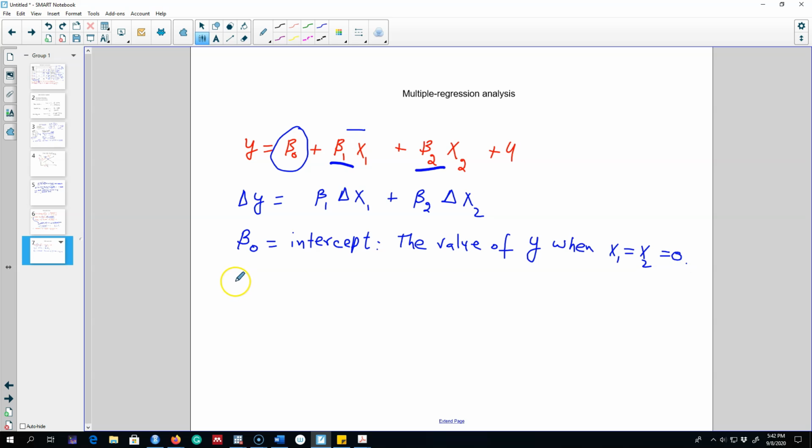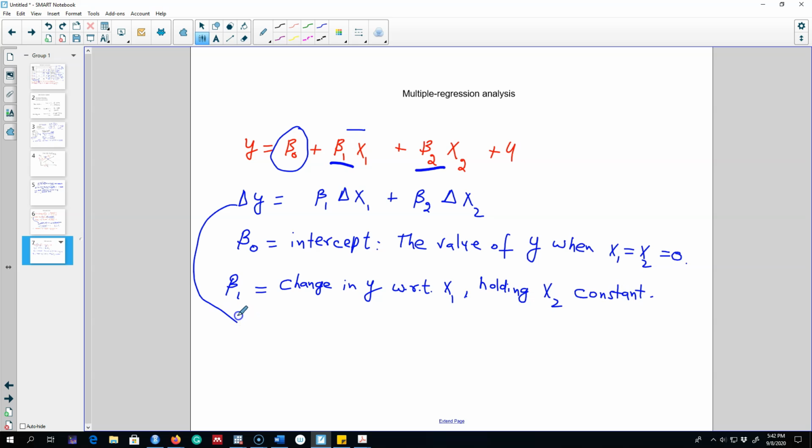The interpretation of beta 1 and beta 2 is a little bit trickier here. So beta 1 shows the change in y with respect to x1 holding x2 constant. Looking at this formula, we can write it down as: the change in y caused by a change in x1 is equal to beta 1, but we have to assume that x2 is not changing, it is constant.